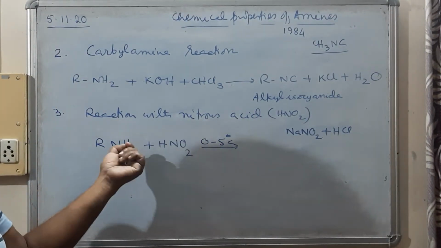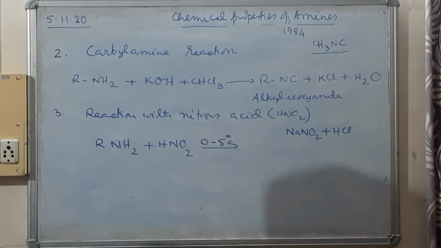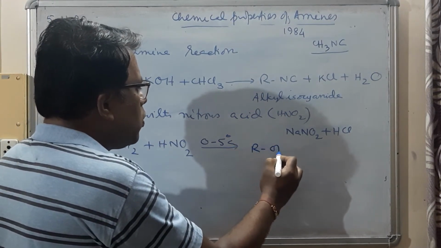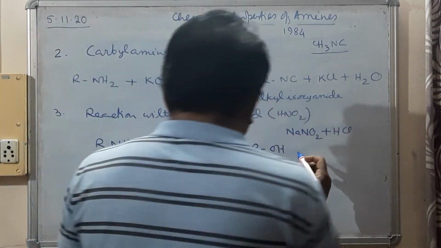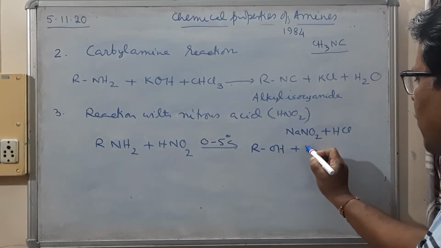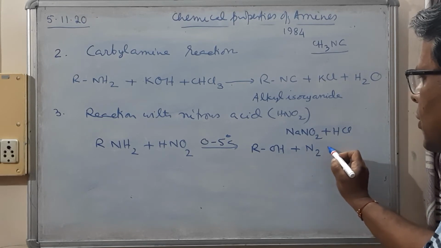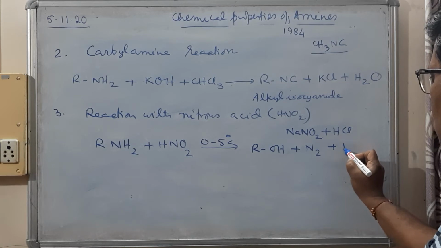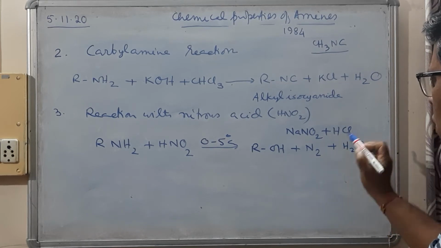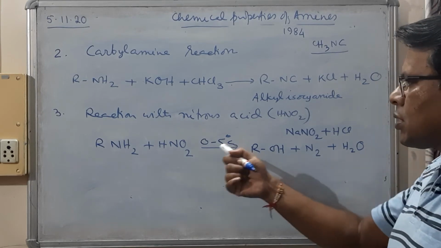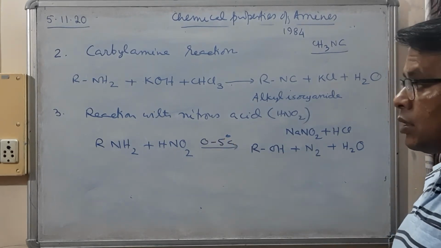We have to use ice for this, and there is a formation of alcohol with brisk effervescence of nitrogen gas, and another byproduct will be water. So this is the reaction with nitrous acid.